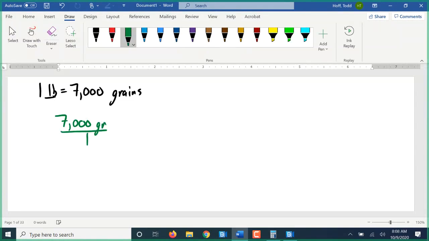Abbreviation for grains, so I'm going to put that in there. So 1 pound, or 7,000 grains, is 2.2 pounds. So 1 kilogram.